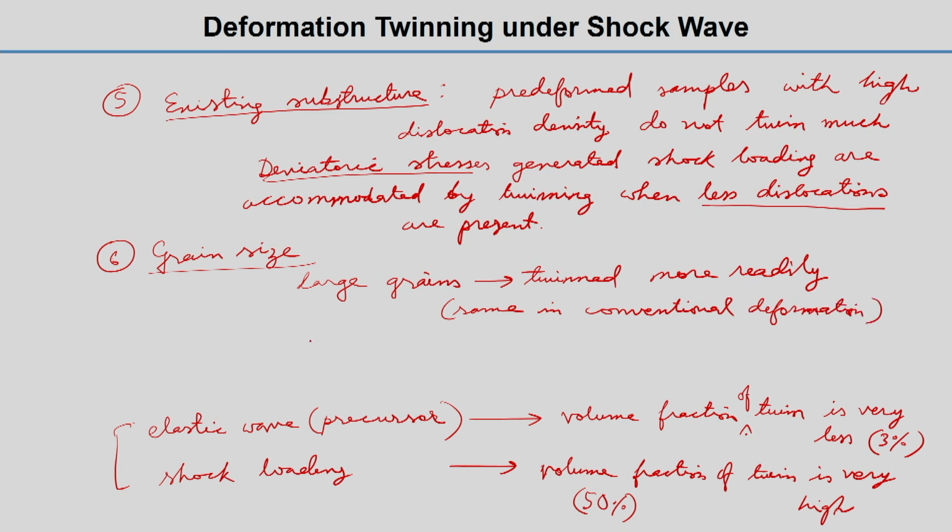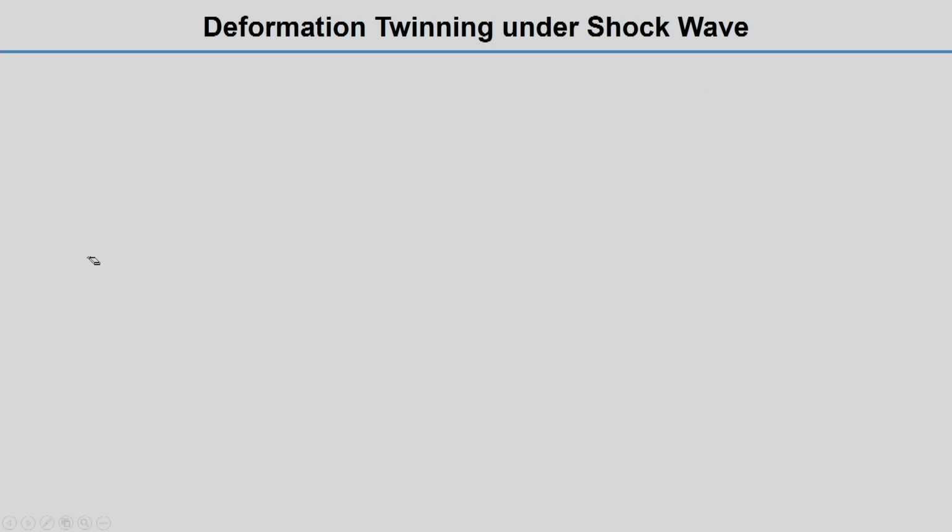This is true for both FCC and BCC materials. So larger grain size leads to more twinning. We now understood that there are different factors that affect deformation twinning, and some of these factors are the same for both conventional deformation and shock loading.